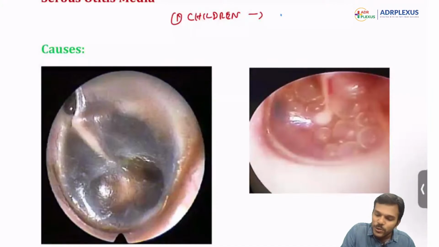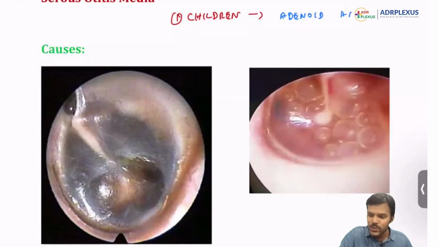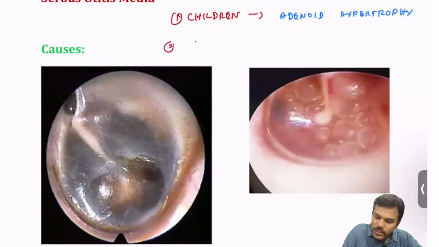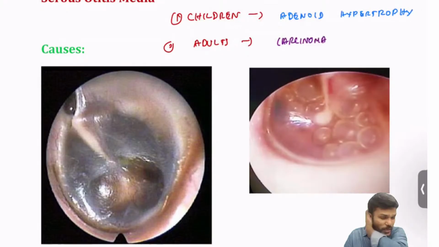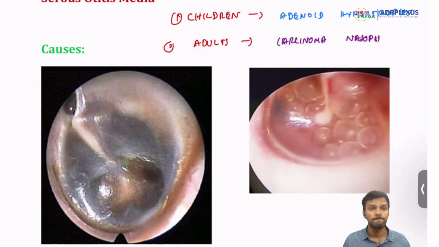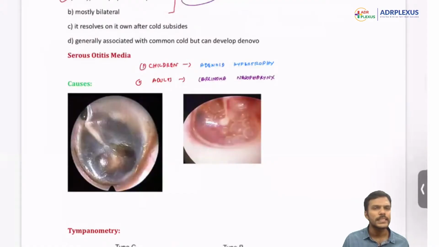So in children, you should look for adenoid hypertrophy. In adults, you should look for carcinoma nasopharynx. Fine. Yes. So why so?